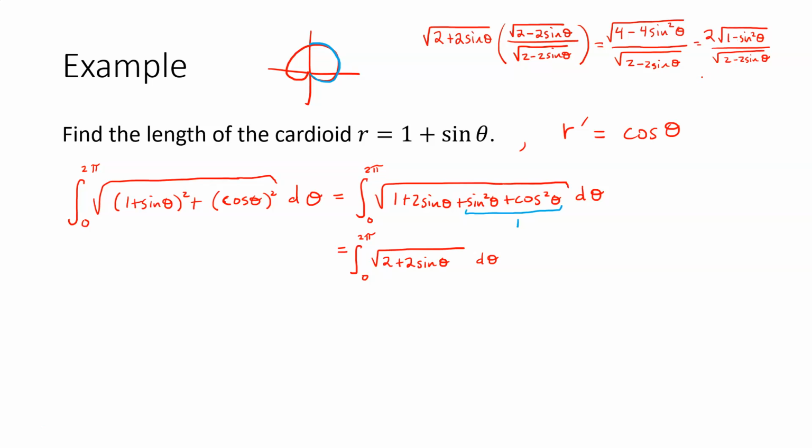And 1 minus sine squared becomes cosine squared, which when we take the square root just becomes cosine. In fact, here I've got to be a little careful. If I take the square root of cosine squared, technically it should have absolute values on the cosine, but if we choose a region where cosine is always positive, then we can ignore the absolute values. That's where the symmetry might become useful.